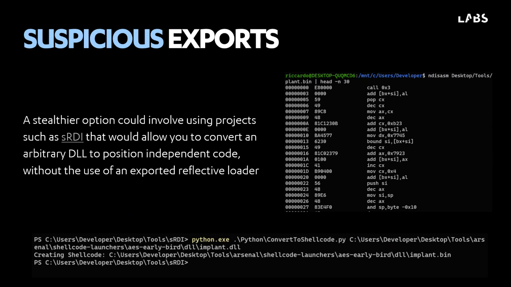So you don't have to export anything specific, and you can use literally any DLL that you want. Of course, the bytes associated with the self-bootstrapping code, which you can see on the screenshot, can have signatures, but it's less trivial than having the ReflectiveLoader exported like that.